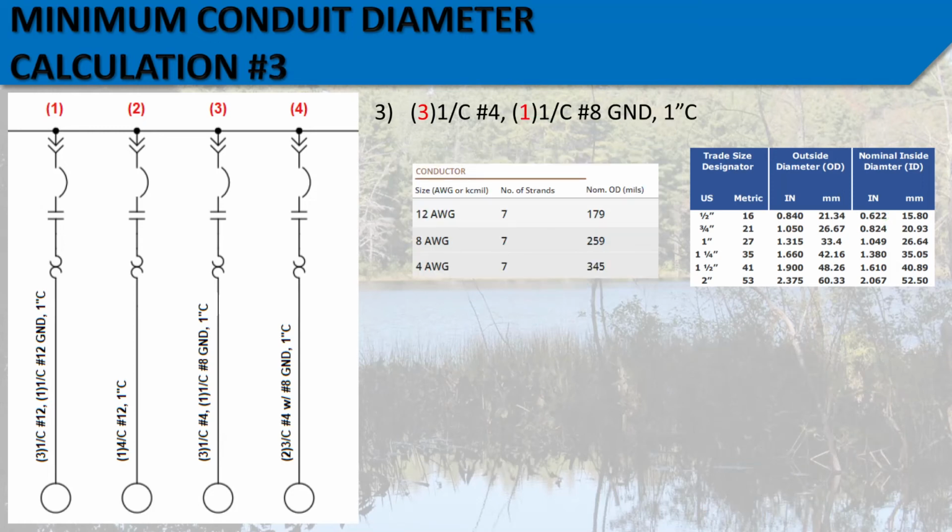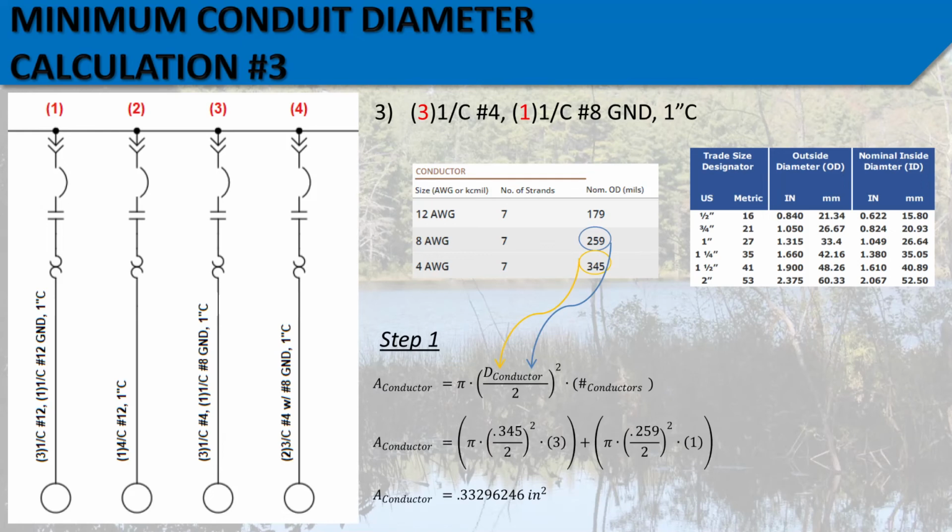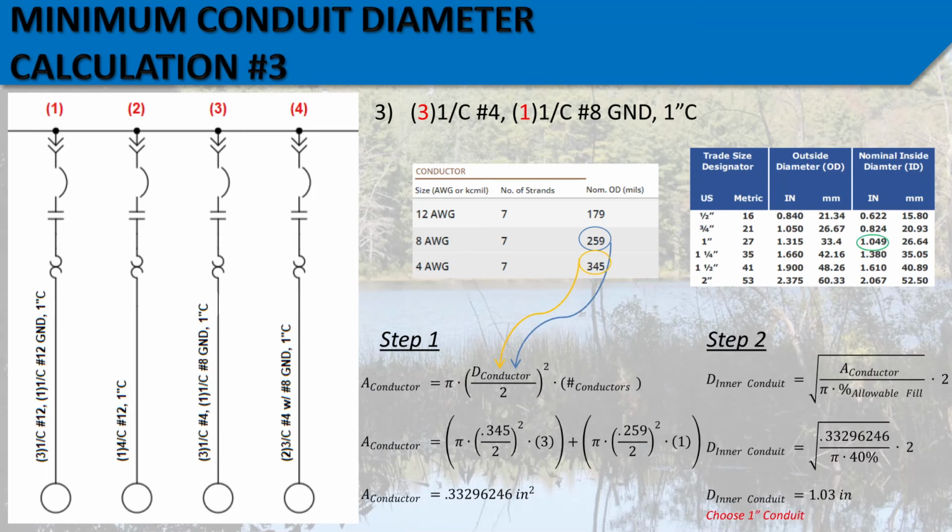Example 3, we have, again, 3 single conductor number 4 wires and 1 single conductor number 8 ground and 1-inch conduit. Again, we're calculating our area and actually adding the two areas together, the area for the number 4 wire and the area for the number 8 wire. And then we're taking that area, plugging that into the inner conduit diameter formula. In this case, we're using a 40% fill percentage.